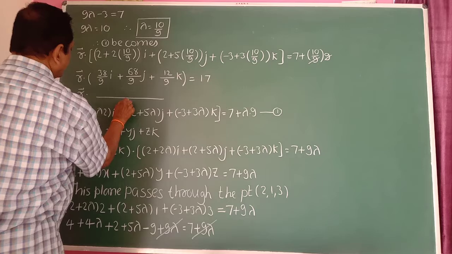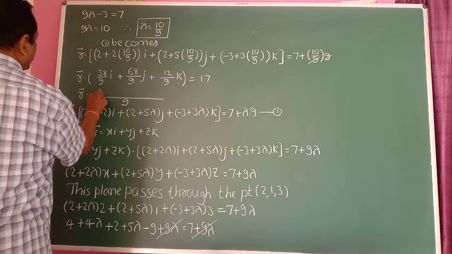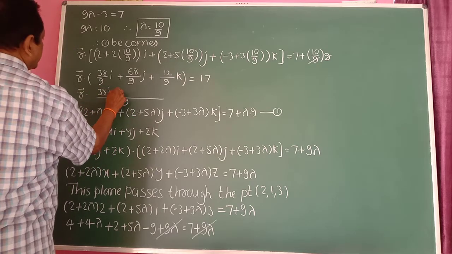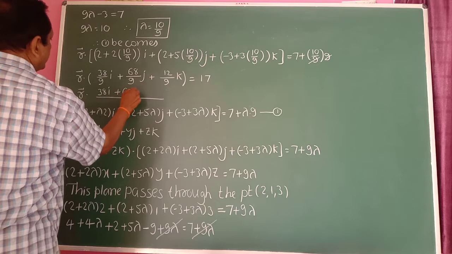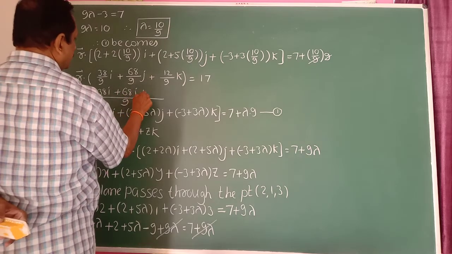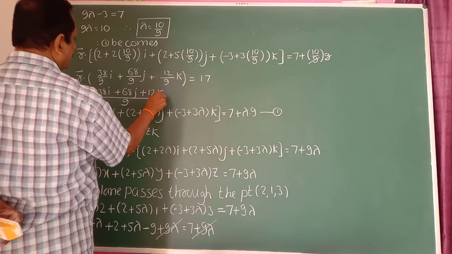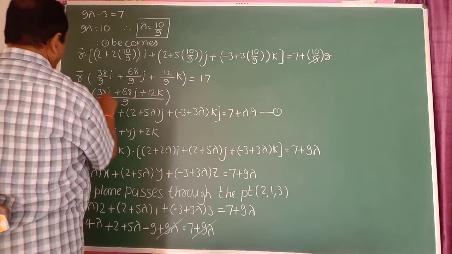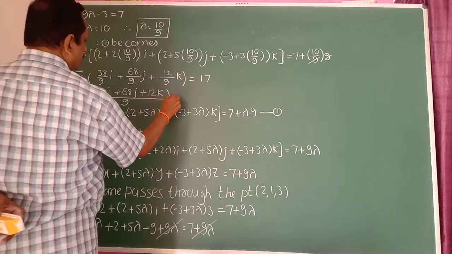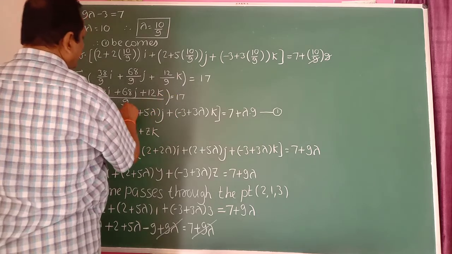So 9 is the LCM here. So 38I plus 68Z then plus 12k dot here is equal to 17. Take the 9 to this side.